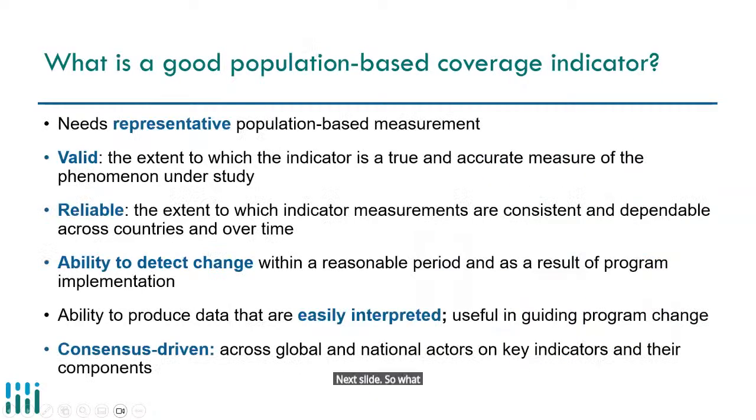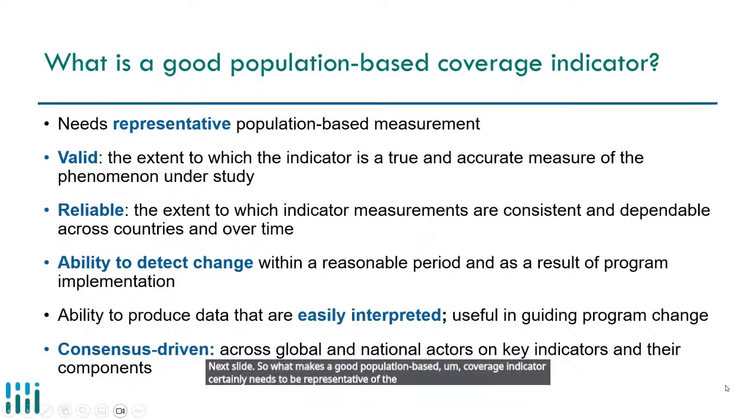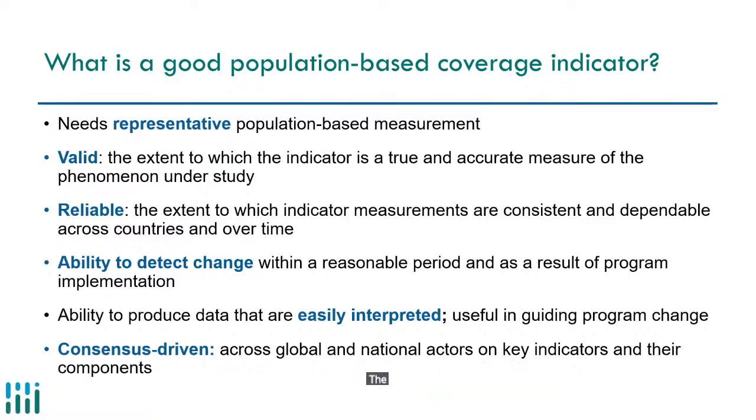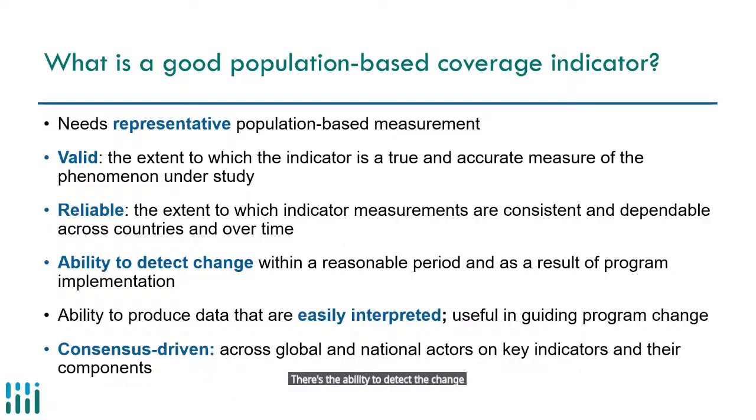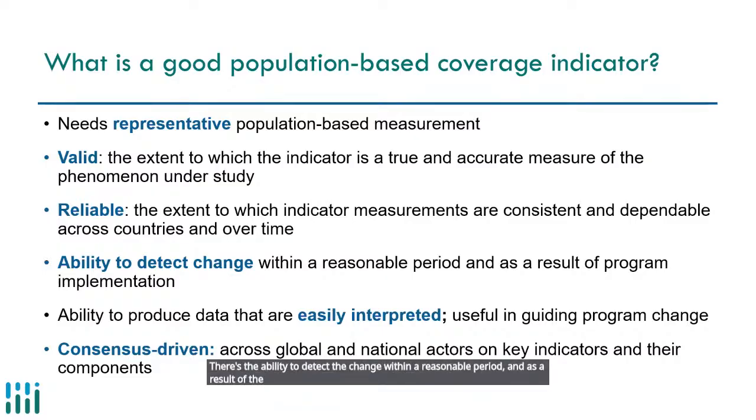So what makes a good population-based coverage indicator? Certainly it needs to be representative of the population-based estimate. It needs to be valid, in that the indicator is a true and accurate measure of what's being measured, and reliable, that it is consistent and dependable across countries and over time. There's the ability to detect change within a reasonable period and as a result of the interventions.